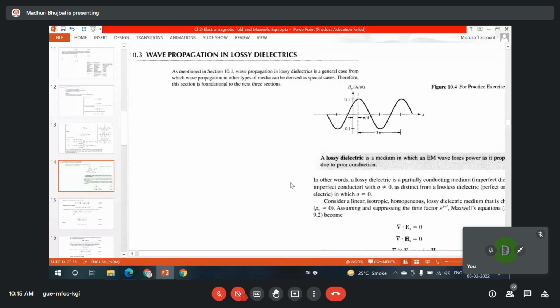So is it clear what is a general case and a special case? समझा सबको? लॉसी डायलेक्ट्रिक इज अ जनरल केस और इसके बाद तीन डिफरेंट केसेस आने वाले हैं. Those three different cases are the special cases of lossy dielectric.